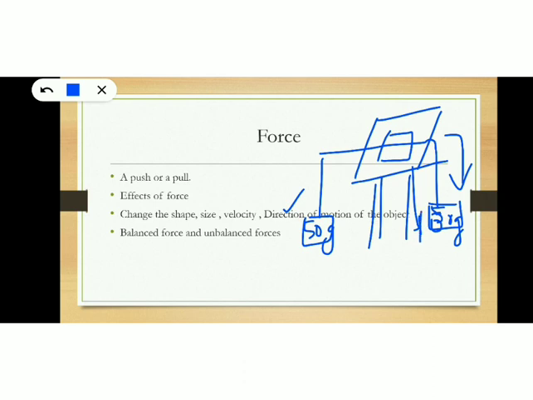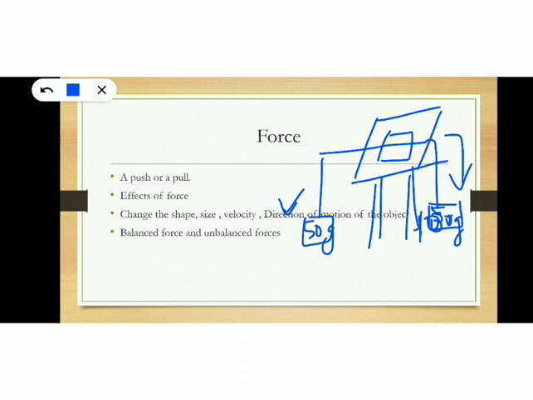Here 100 gram will produce more force than the 50 gram, so the book will move towards the direction of greater force. Here you can see a change in the position of the book, right? These two forces are not equal. They are unequal. So forces which are unequal in magnitude and act in opposite directions are known as unbalanced force.